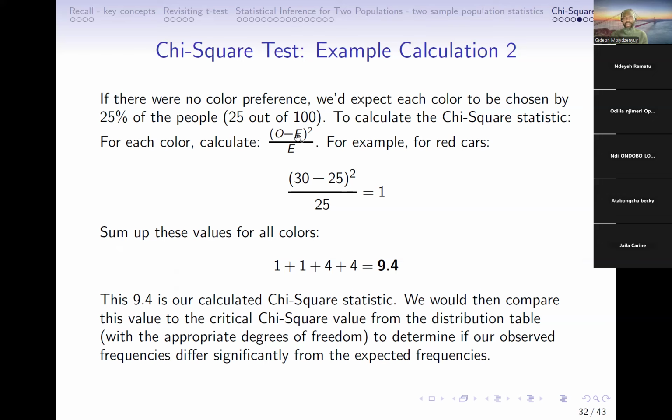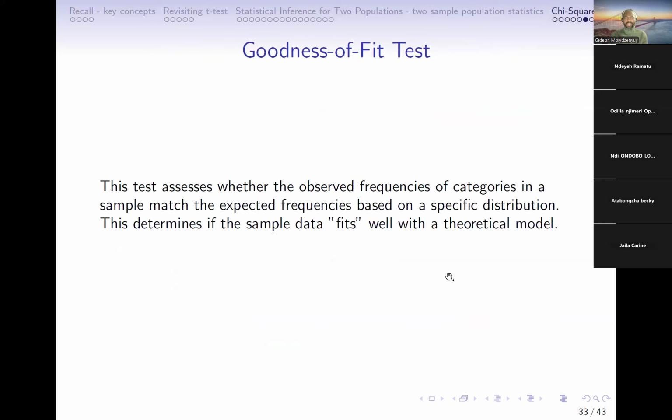So how far away do the observed values lie from the critical value? We do those calculations and compare that to the critical value, just the same way as we do with the one sample t-test. To determine this, we use the goodness of fit, which is a way to assess whether the observed frequency categories in a sample match the expected frequencies based on a specific distribution.